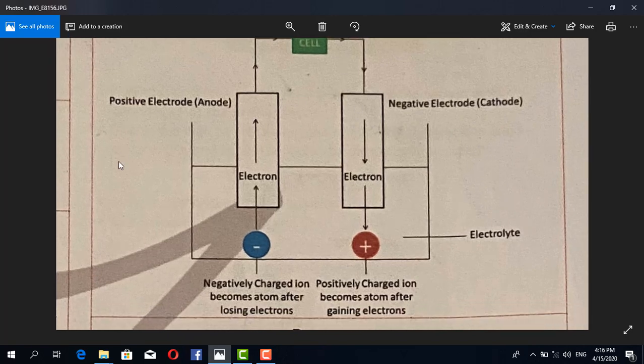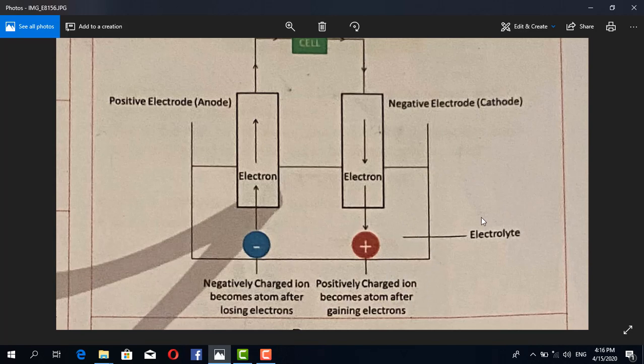As for here, this is the experiment. We've got the substance that we want to electrolyse, the cell over here and the current passing through. Here is the cathode, the negative part, and this is the electrolyte.